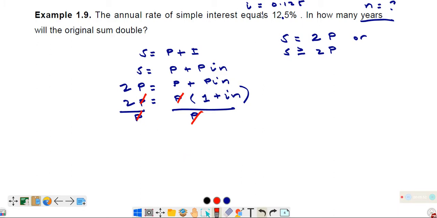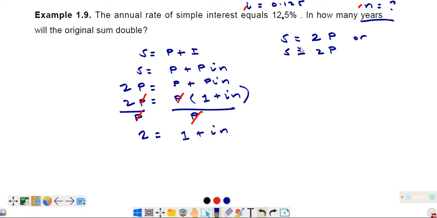Sabi ko nga, ang kailangan lang natin gamitin ay si I at saka si N. Yung dalawang letters lang na yan, yung gagamitin natin in defining the duration of the loan term or investment term. We have here 2 is equal to 1 plus IN.